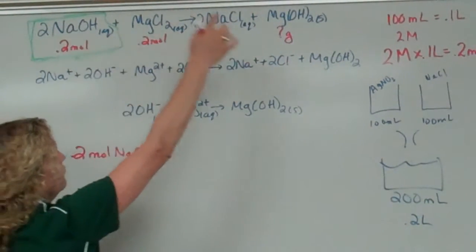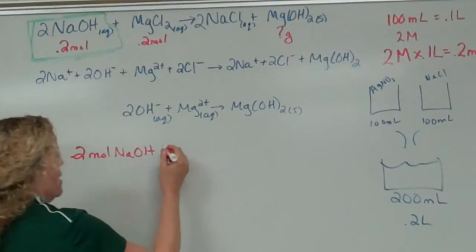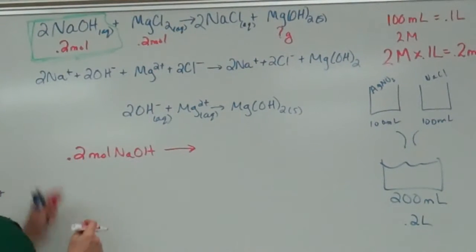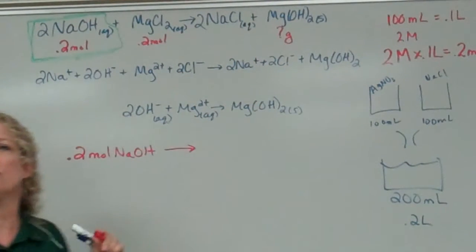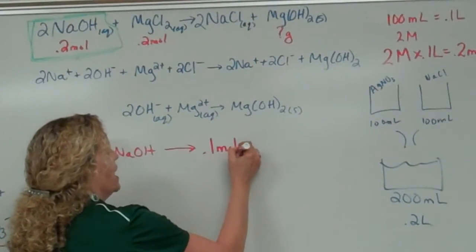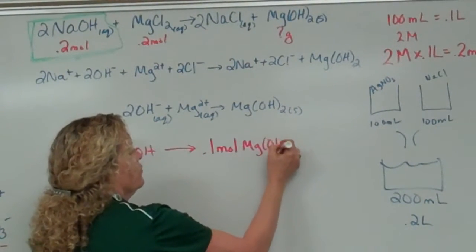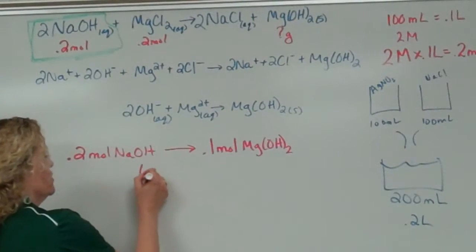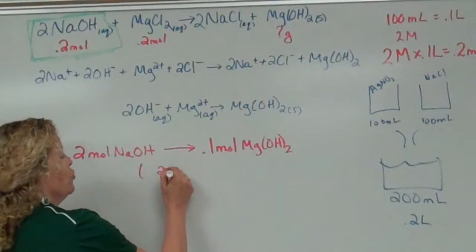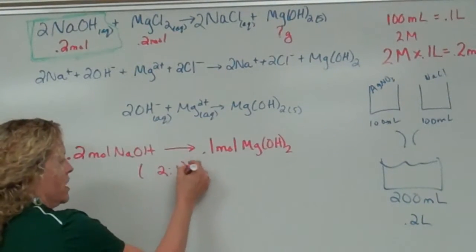How many moles of my precipitate can I make? It's a 2 to 1 ratio. So how many moles? 0.1 mole. Do you see how it's okay to do that in your head? It's a very easy relationship to see. It's a 2 to 1 ratio of those two chemicals.